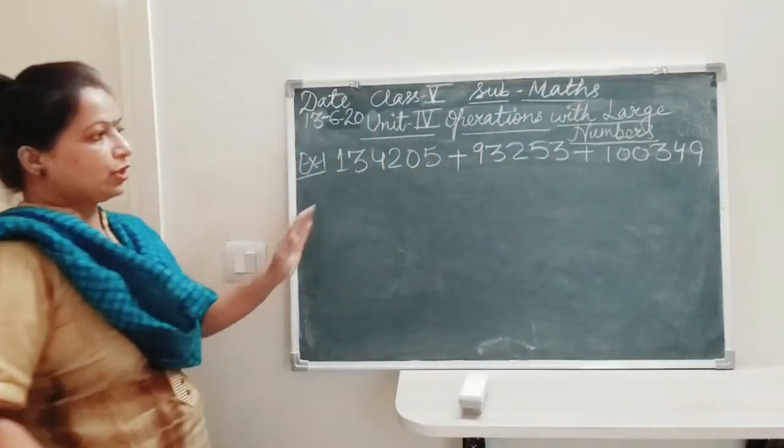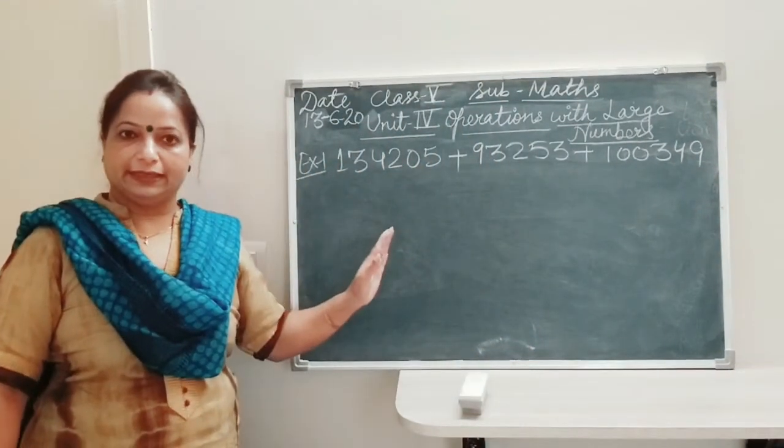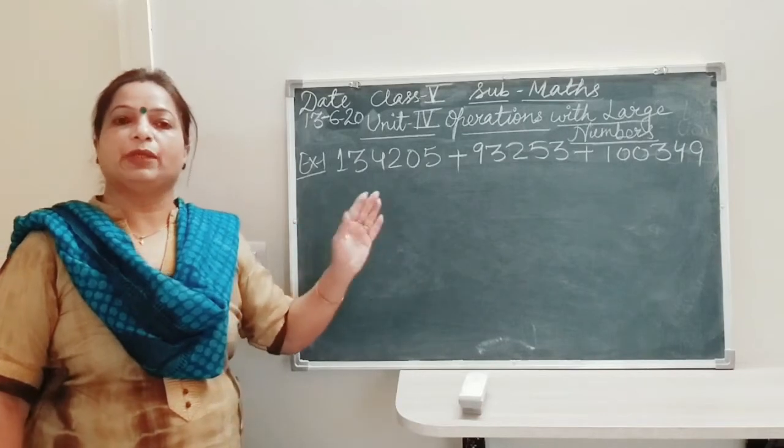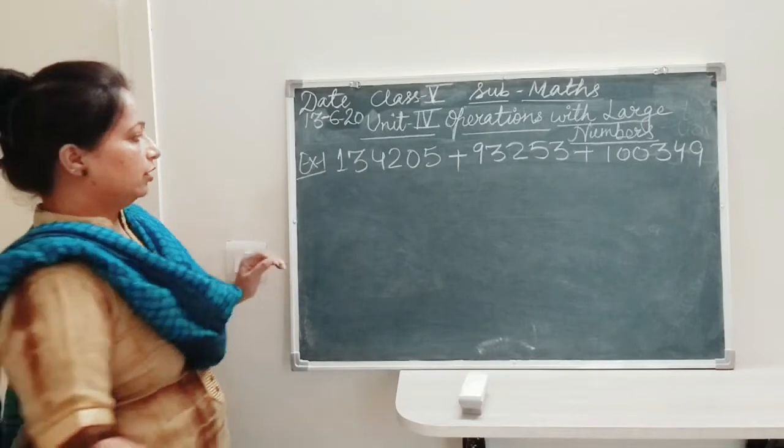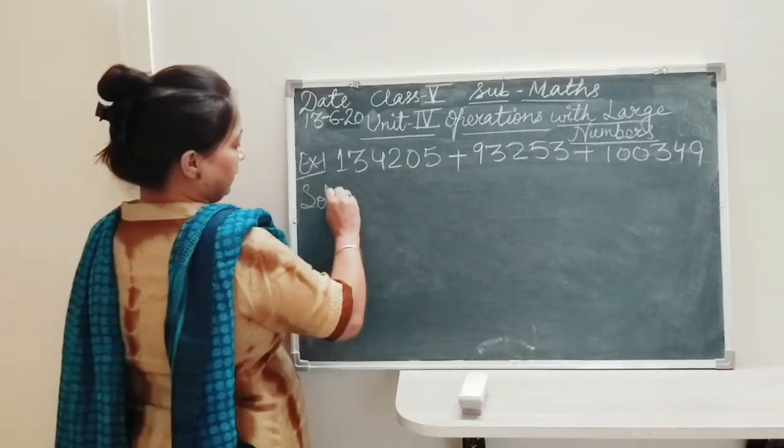Three large numbers are given over here and you have to add them. First, you have to arrange them in proper columns and then you have to add. This will make your work easy. Okay. So, let's see how you have to do that.